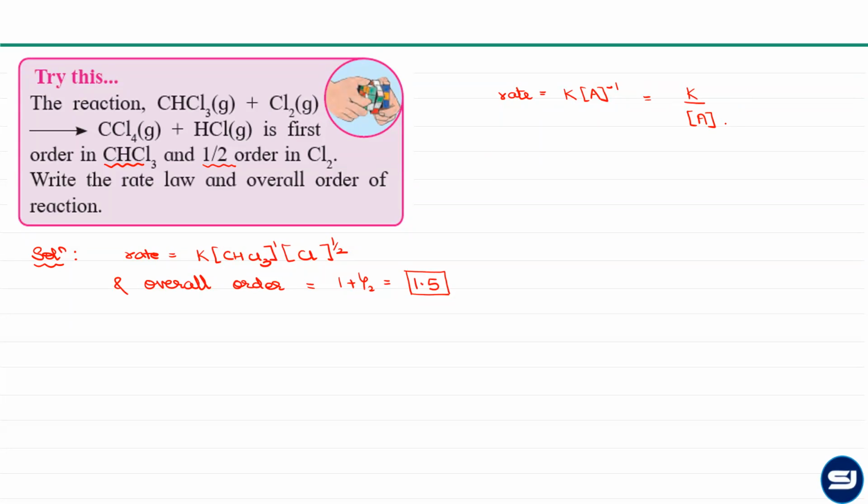That's it. So if the concentration increases, the rate will decrease. That's the significance of a negative order reaction. It can be directly proportional to concentration if it's positive, and inversely if it's negative.